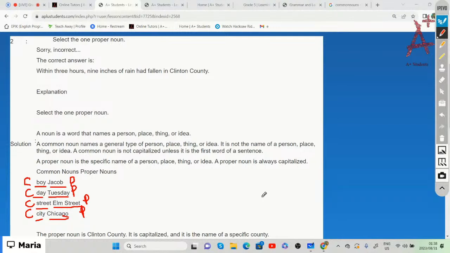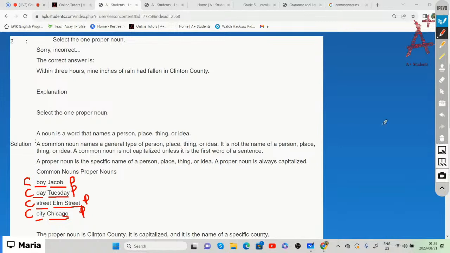And with proper nouns, we always capitalize them. All proper nouns need to be written with a capital letter, whether it is at the beginning of a sentence, in the middle of the sentence, or even at the end of the sentence. All proper nouns need to be capitalized. So that is now the difference between a common noun as well as a proper noun.